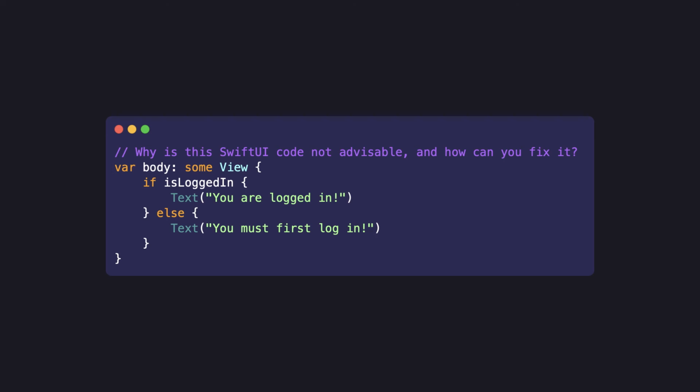So for example, he says, having a Text with a Boolean isLoggedIn, question mark, a string of "You are logged in", colon, "You must first log in" as a string as well. And that's absolutely correct. Now, sometimes you might want to branch, especially if you want to represent 2 different views animating in and out, but that's often an exception, so this is a good pattern to look out for.